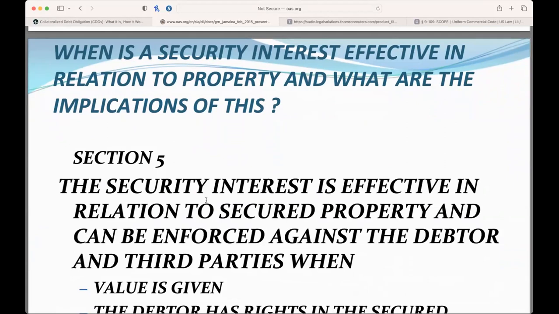When is a security interest effective in relation to property, and what are the implications of this? Section 5.